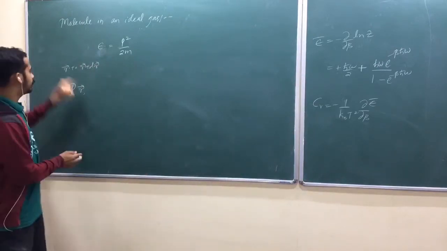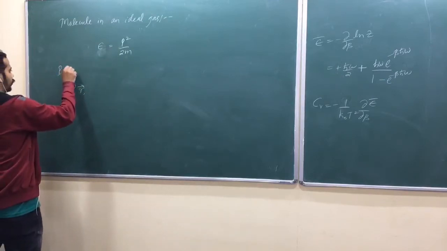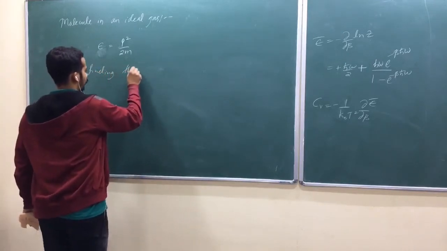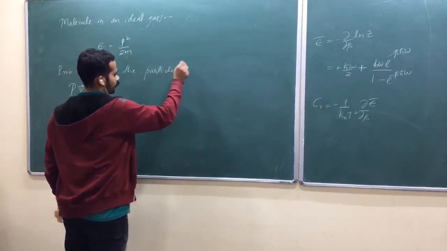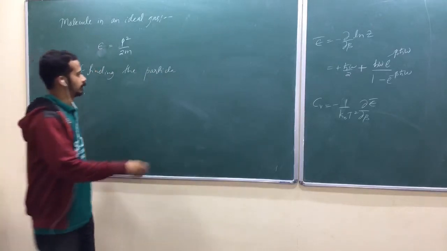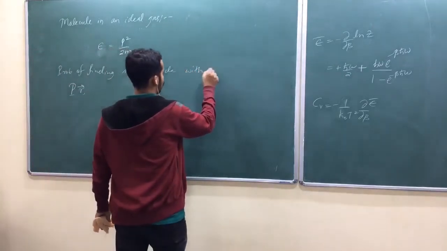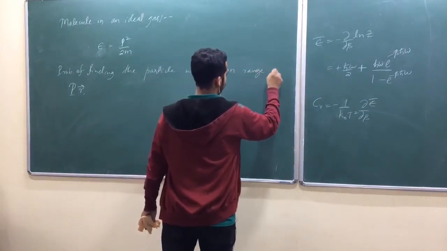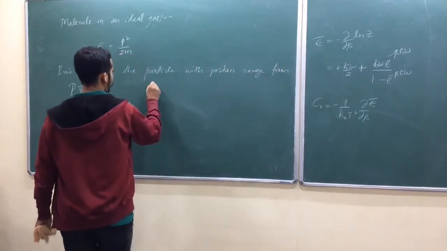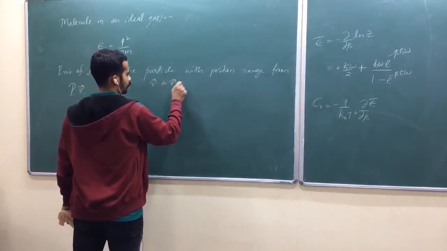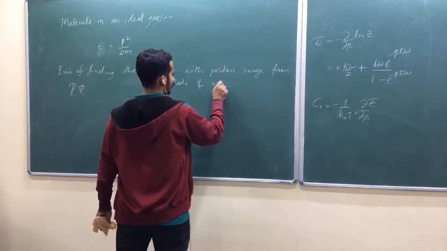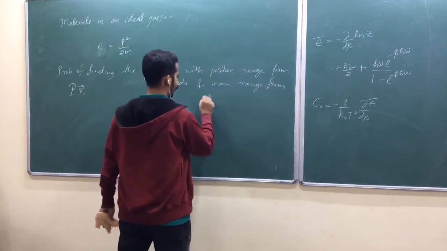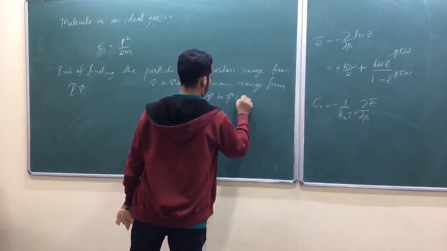Probability of finding the particle with position ranging from r to r plus dr and momentum ranging from p to p plus dp.